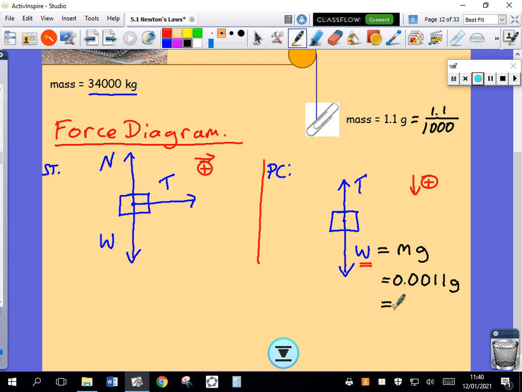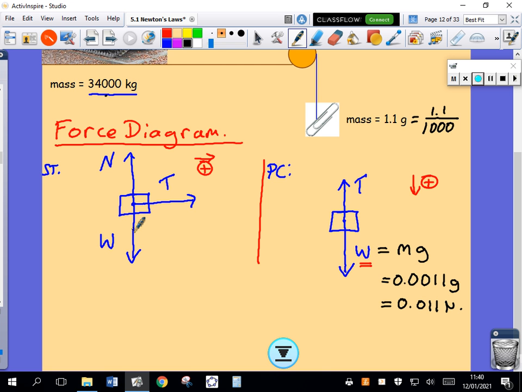So if g is equal to 10, that would be equal to 0.011 newtons. So the weight of the paperclip is 0.011 newtons. Notice the weight of the Sherman tank would be 34,000 times 10, which would be 340,000 newtons.